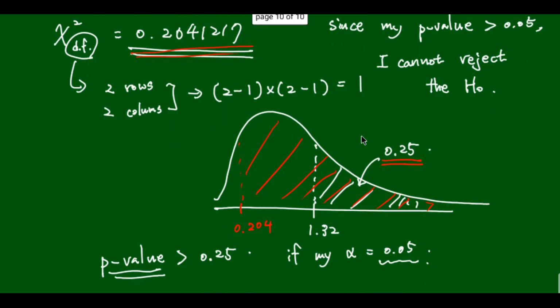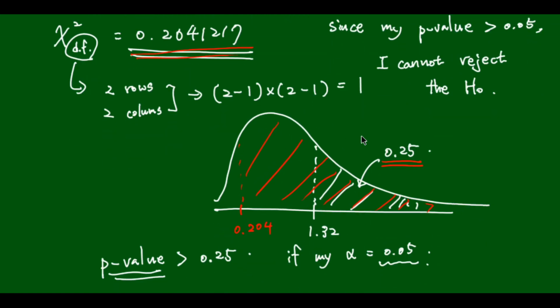If I look at the chi-square table, my p-value is really large, so I cannot reject the null hypothesis. Okay.